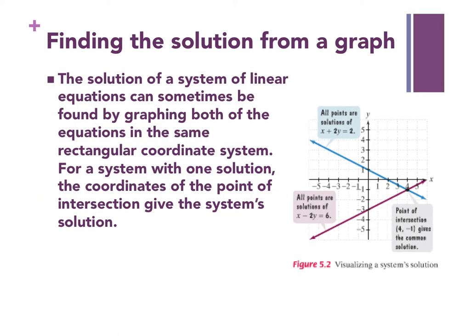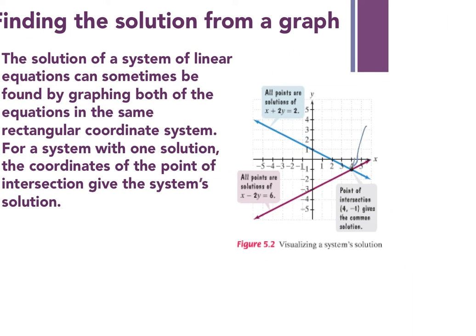All right, so finding a solution from the graph, we're going to learn to either see a graph and find the solution from it, or graph from scratch and then find the solution from it. The solution of a system of linear equations can sometimes be found by graphing both of the equations in the same rectangular coordinate system. For a system with one solution, the coordinates of the point of intersection give the system solution.